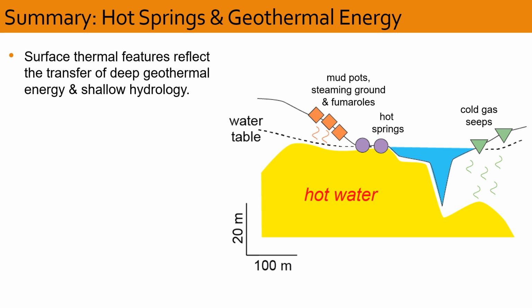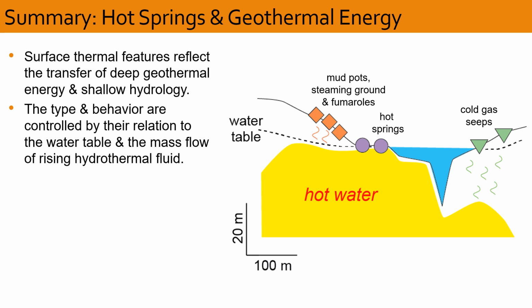Surface thermal features reflect the transfer of deep geothermal energy and shallow hydrology. Moreover, the extent of surface thermal activity can be deceptive and underrepresent the extent of the underlying resource. The type and behavior of surface features are controlled by their relation to the water table and the mass flow of rising hot hydrothermal fluid.